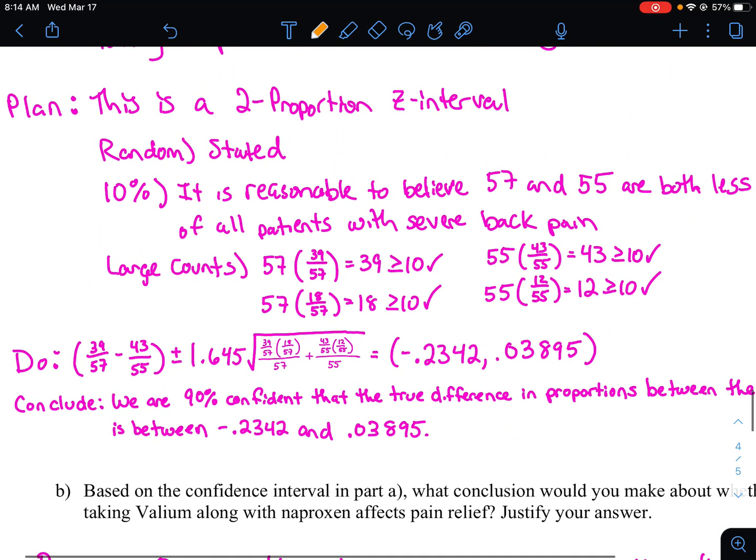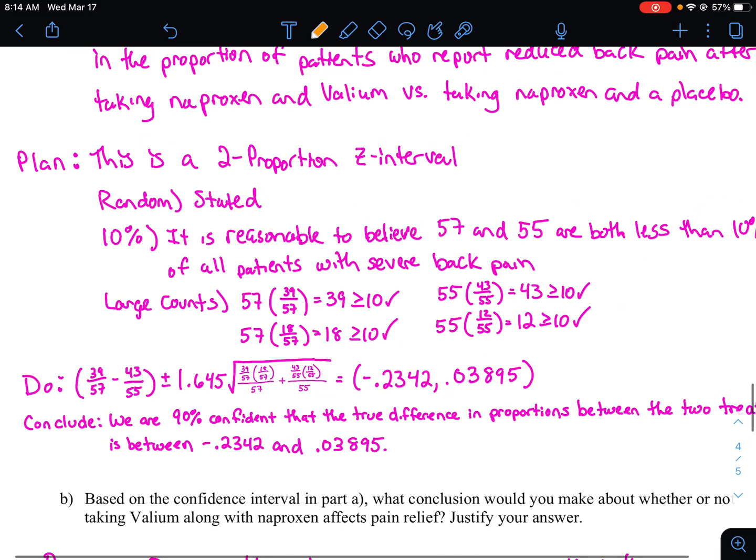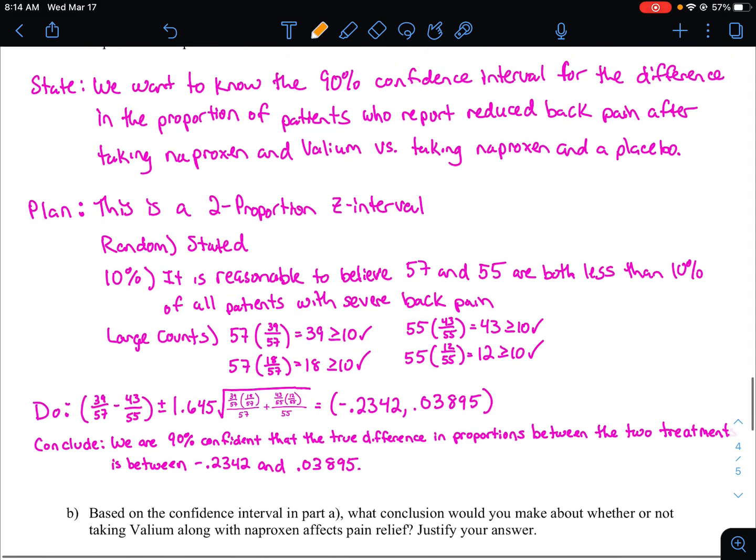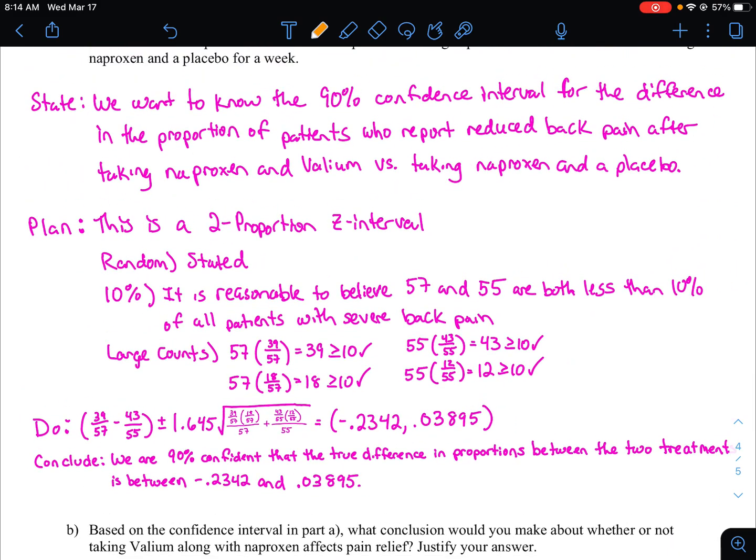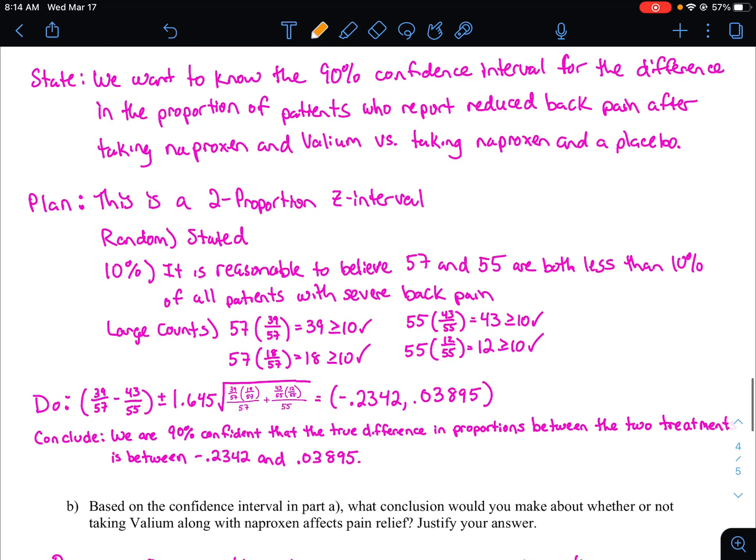Step 4, our conclusion, we are 90% confident that the true difference in proportions between the 2 treatments is between negative 0.2342 and 0.03895. Okay? And then based on the interval in part A, what conclusion could be made about whether or not taking Valium along with naproxen affects pain relief?